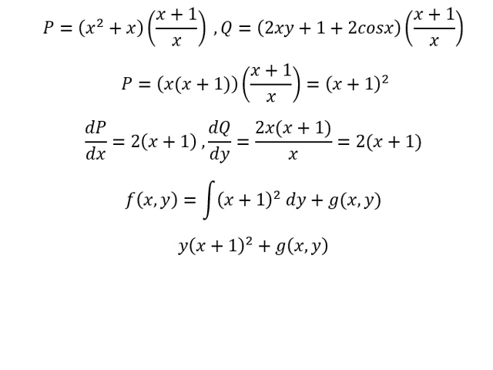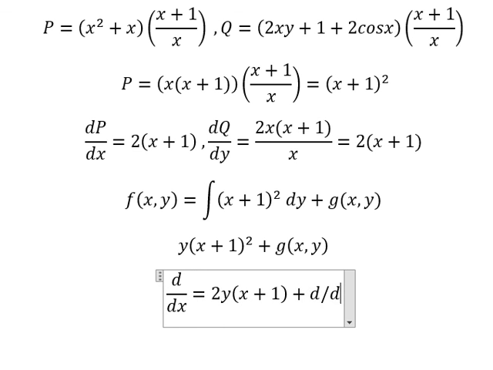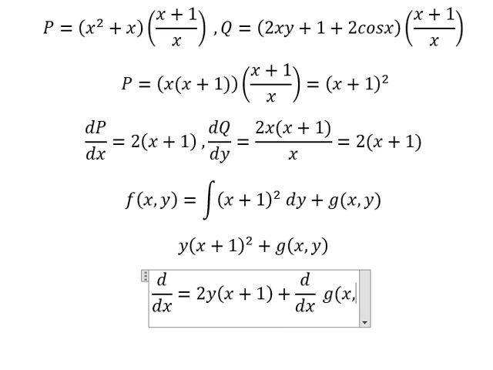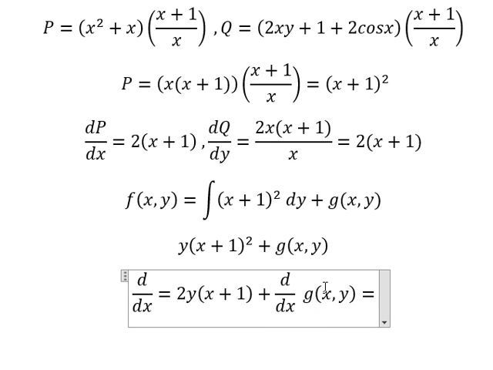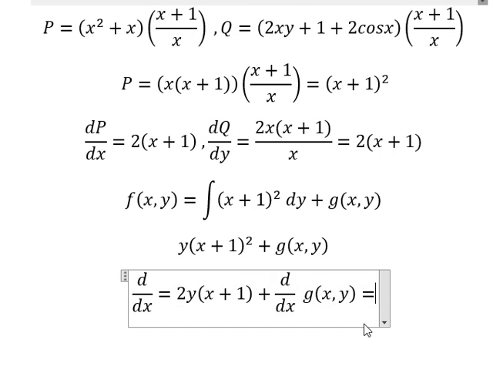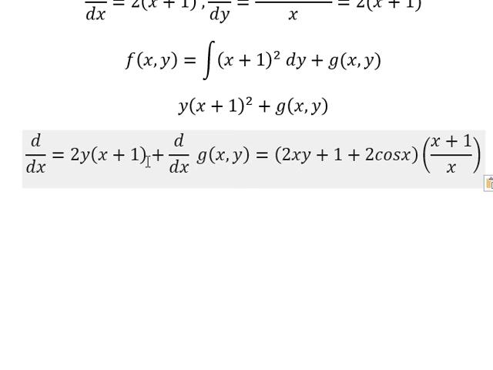Next, we do first the derivative of the function with respect to s. So first the derivative of this one, we have 2y(s plus 1), and we have d over dx of 3xy, and everything in here equals this one in here. And now we need to simplify this one.